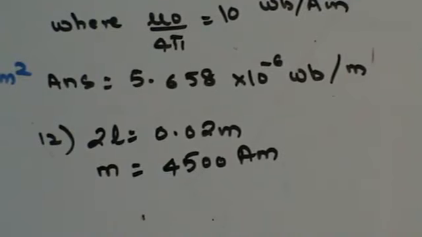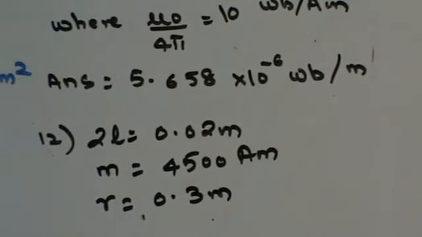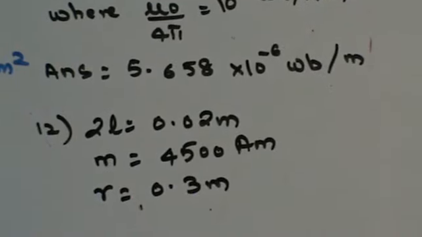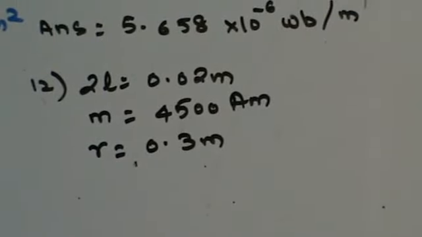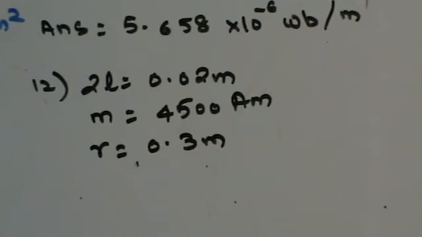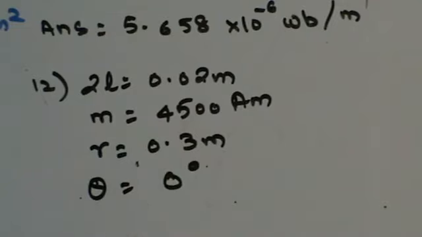Find the magnetic potential at a distance of 0.3 meters along the axis.